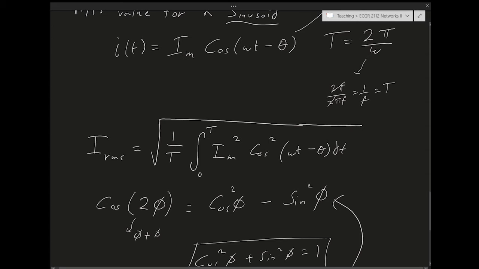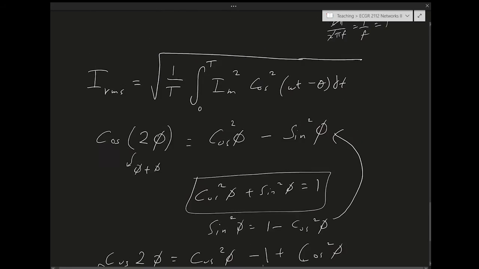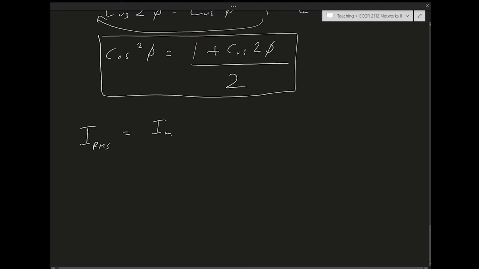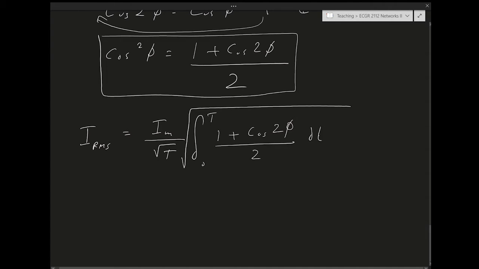And then I have square root of T over square root of T. So I end up with Im over square root of T, and there's still a square root, of the integral from 0 to T. And instead of cosine squared, I put in its value, which is 1 plus cosine 2 phi over 2 dt.